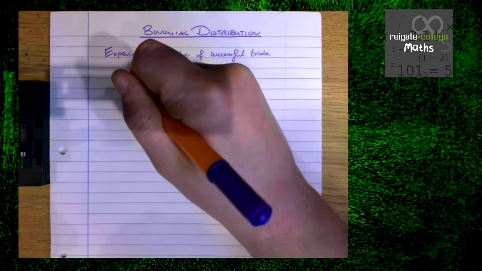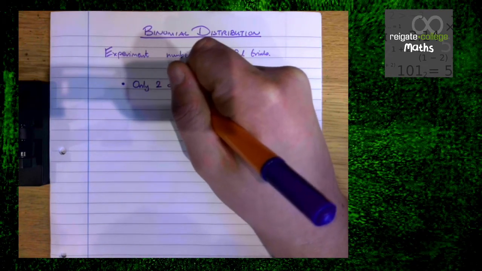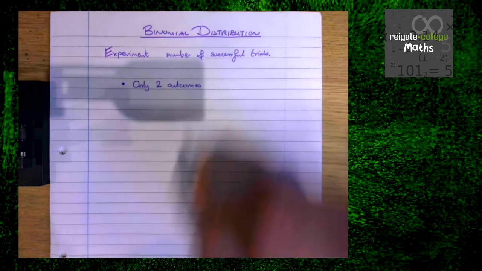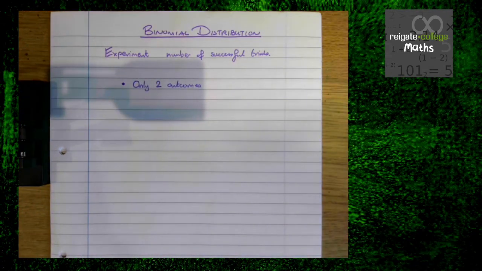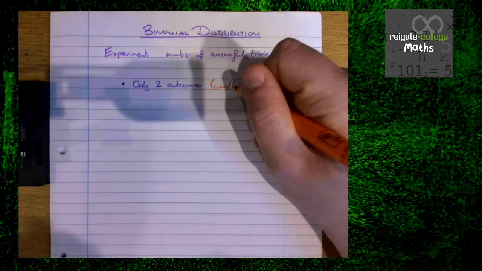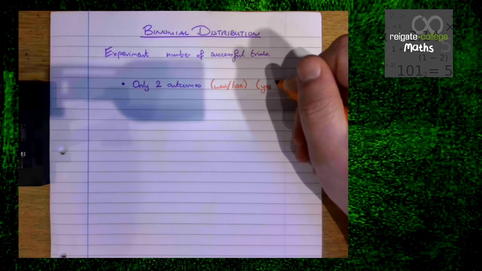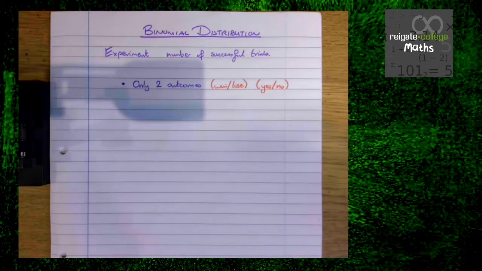Firstly, there must only be two outcomes. So, for example, win or lose. Yes or no. That kind of thing. If you are trying to measure win, lose, or draw, it cannot be a binomial distribution.